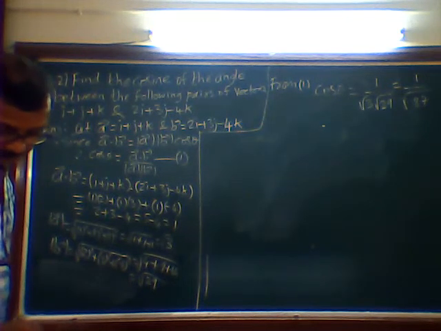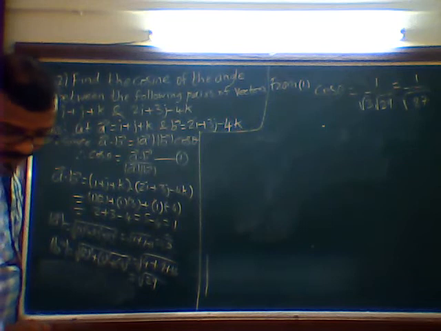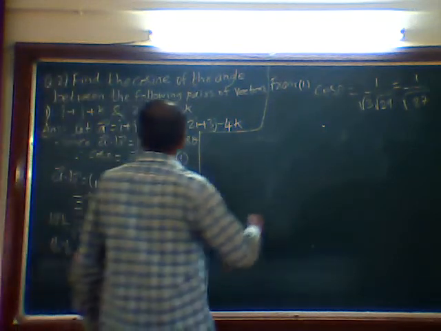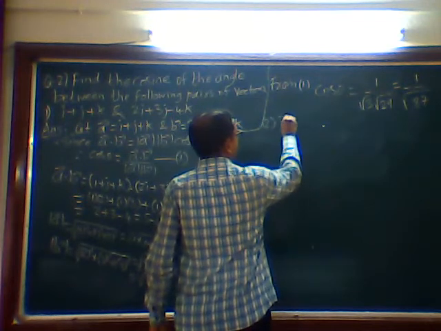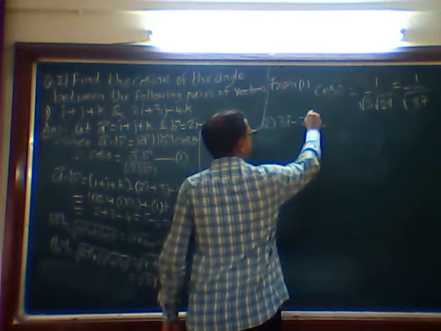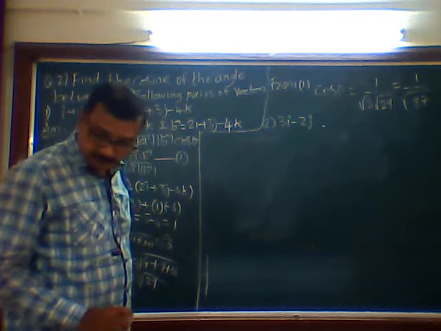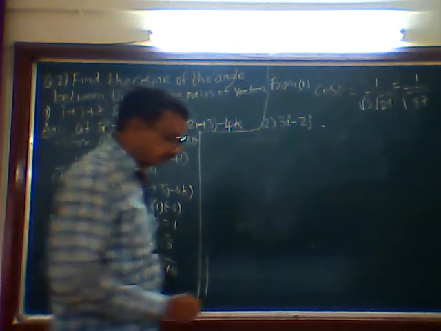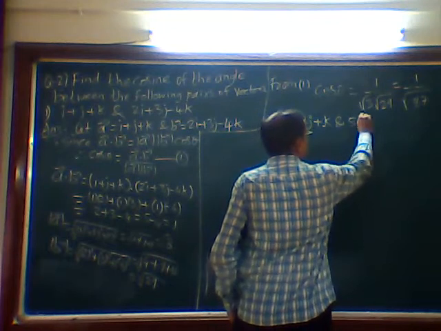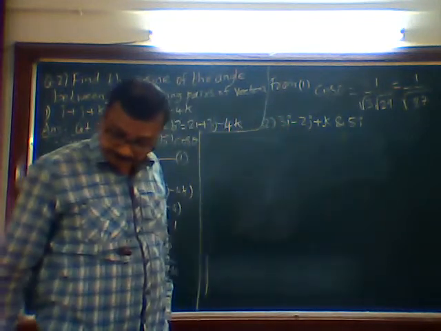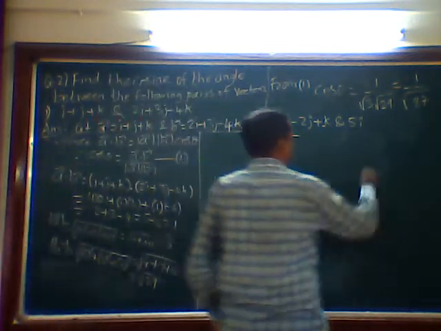Next problem. a bar is 3i minus 2j plus k, and b bar is 5i minus j minus 2k.